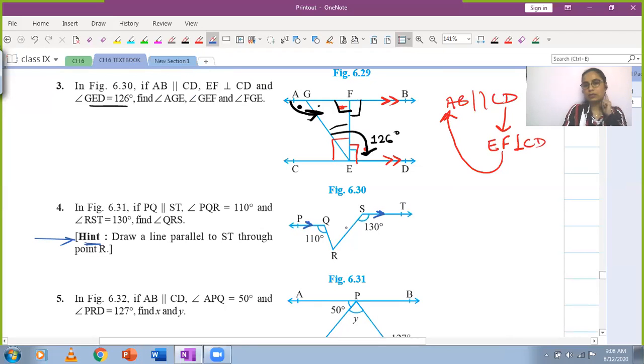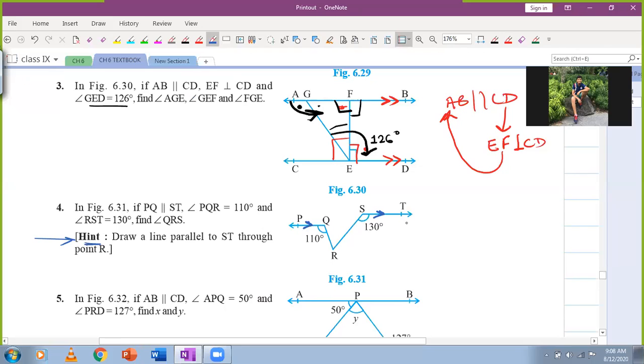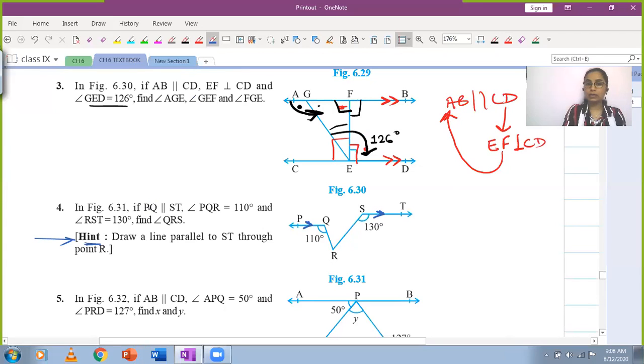PQ is parallel to ST, and these two are rays. Angle PQR is 110, marked in the figure. RST is 130 degrees, marked in the figure. You have to find out angle QRS, the angle right over here.